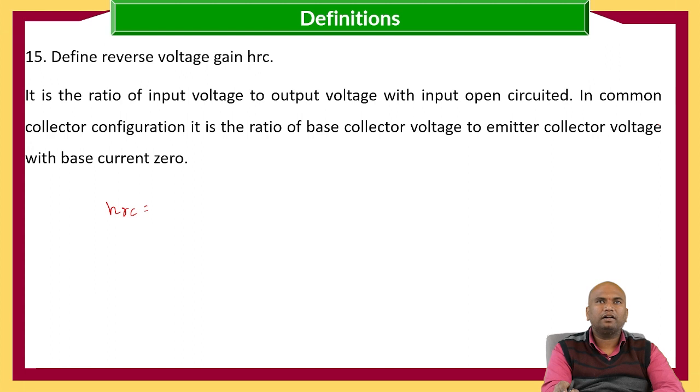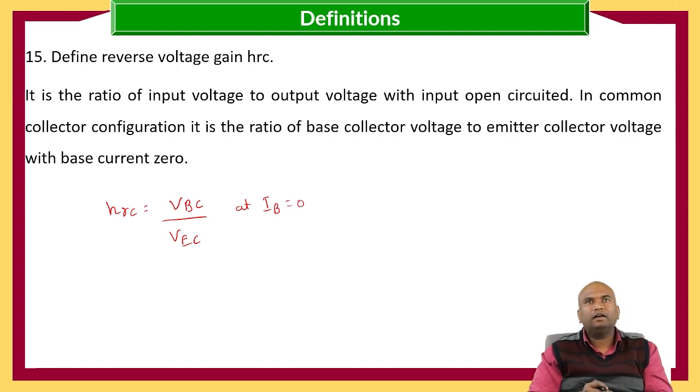In common collector configuration, it is the ratio of base to collector voltage to emitter collector voltage with base current 0. That is VBC by VEC at IB value 0. So this is the reverse voltage gain.